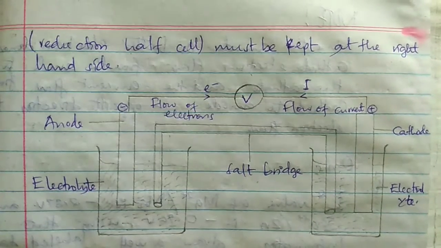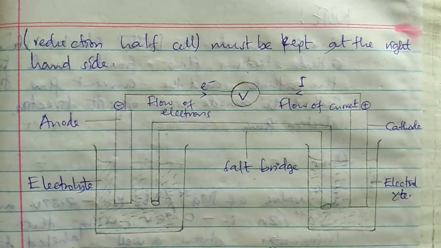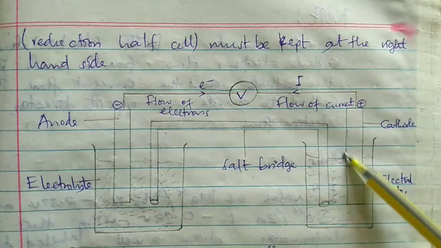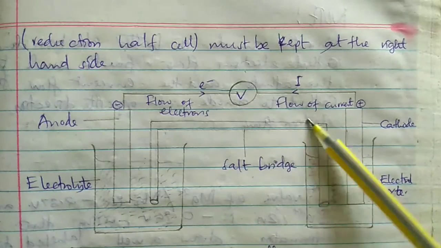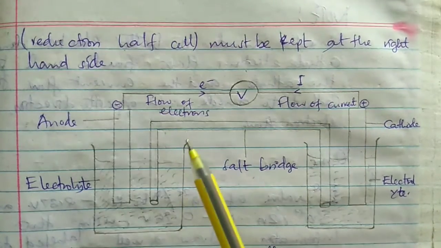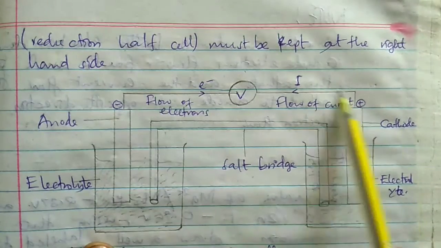So hivi ndivyo ambavyo electrochemical cell itakuwa inaonekana. Here we have the salt bridge. Haya, hapa tuna external wire. Electron zina flow kutoka kwenye negative kwenda kwenye positive.